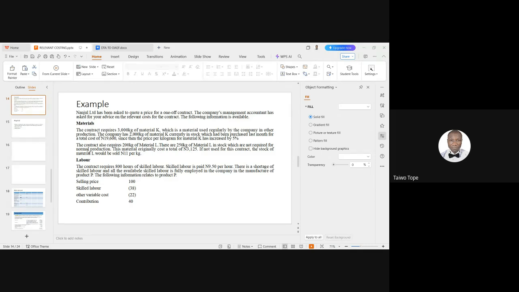We need to get the skilled labor contribution. So how many hours will they work? Somebody should be able to get this. We've been talking about this. When you pay 9 naira 50 kobo per hour and overall you incur 38 naira, what would be the number of hours?